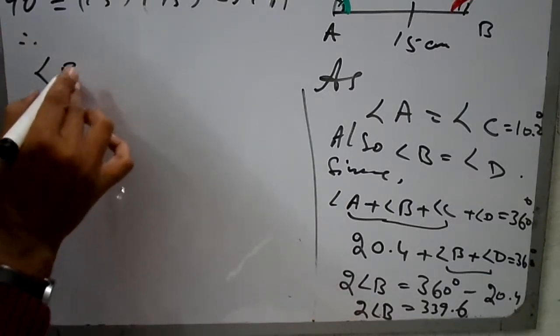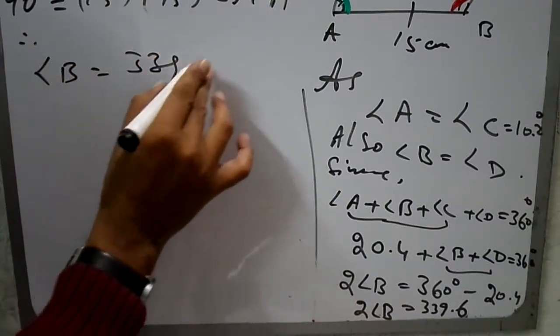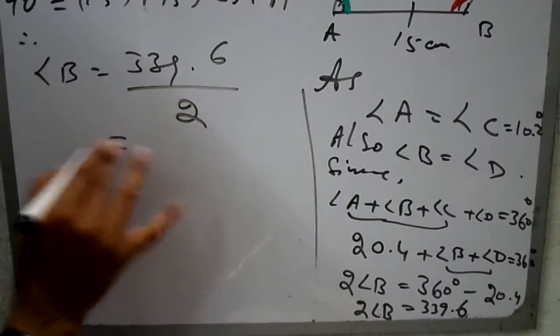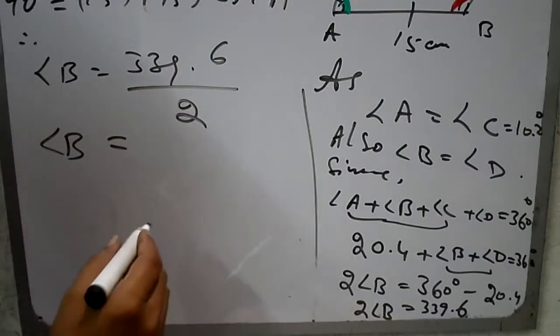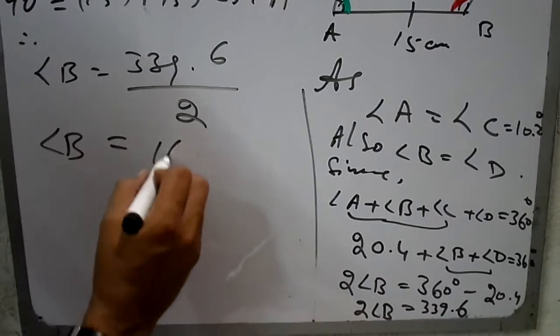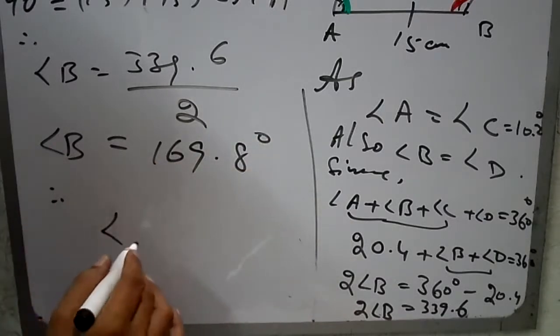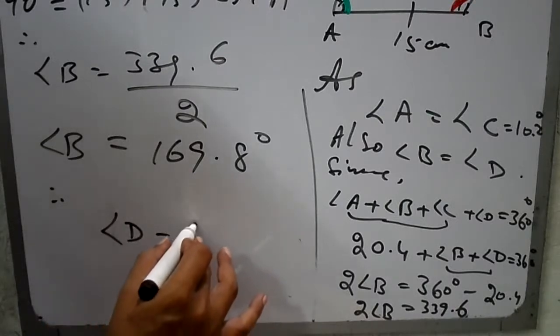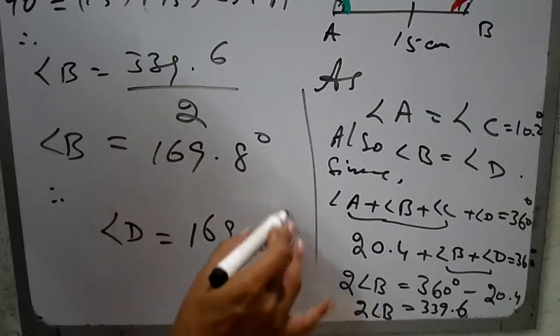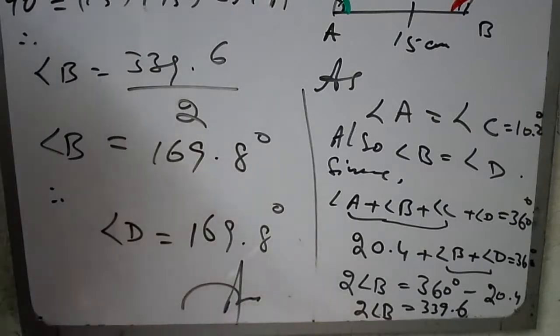Therefore angle B is equal to 339.6 divided by 2. Divided by 2 you will get 169.8. So therefore angle D is also equal to 169.8 because both are equal. So that is your result.